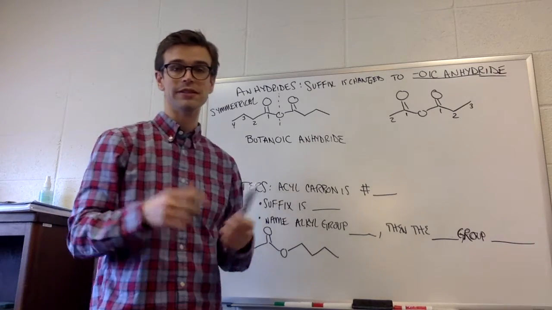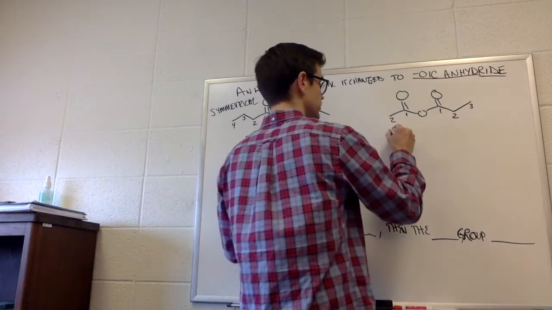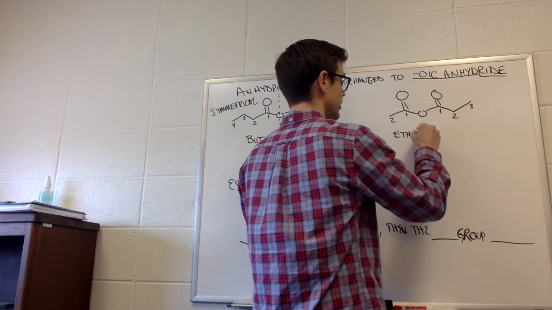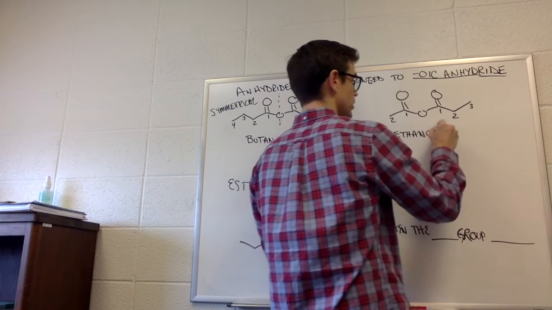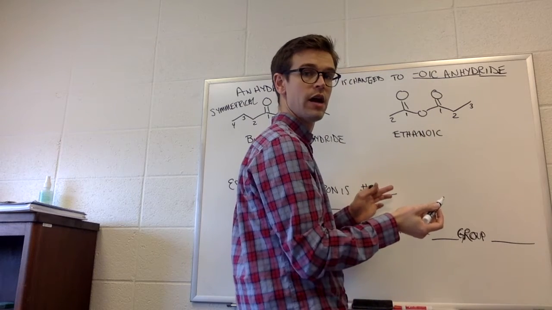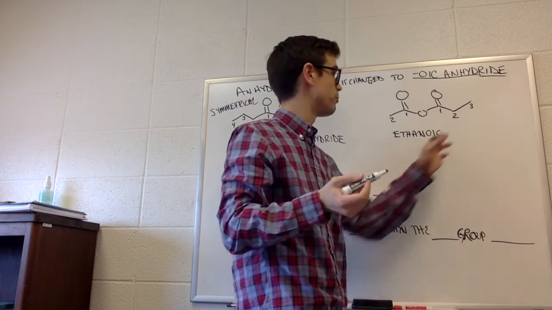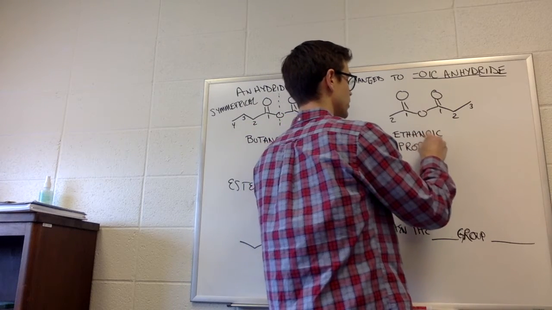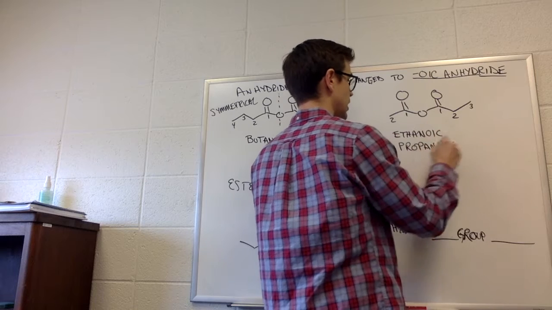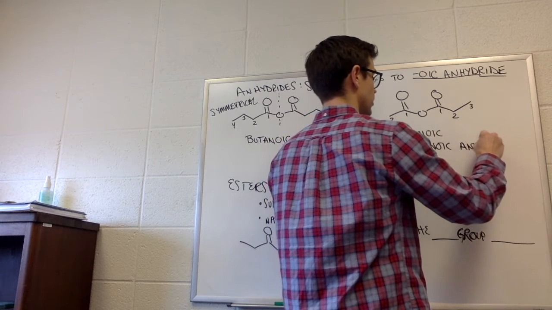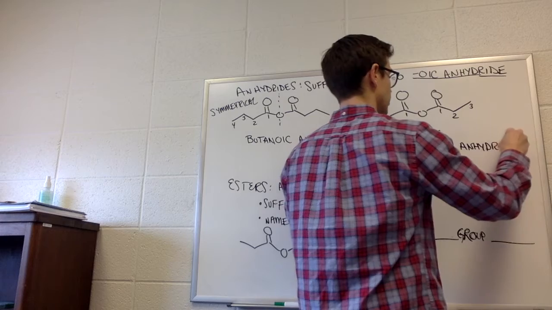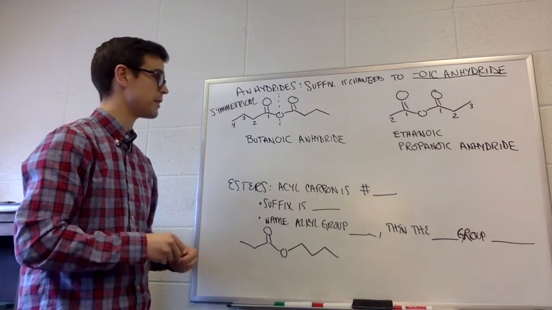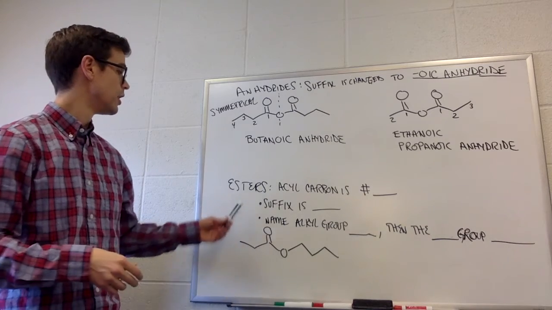So 2 carbons is eth, and then AN, no alkenes or alkynes. Oic, ethanoic. And then we also have the prop for the 3, so ethanoic propanoic anhydride. Pretty straightforward naming those. So those are anhydrides.